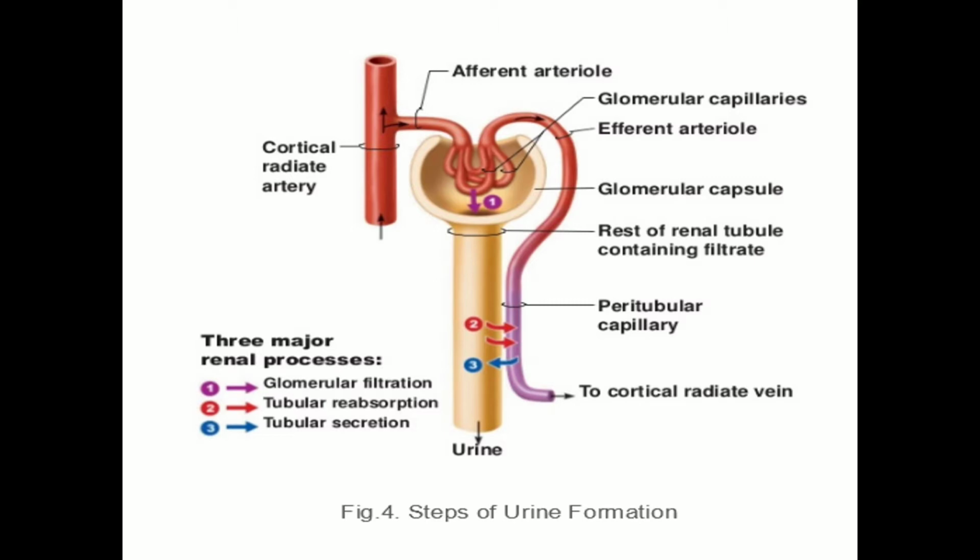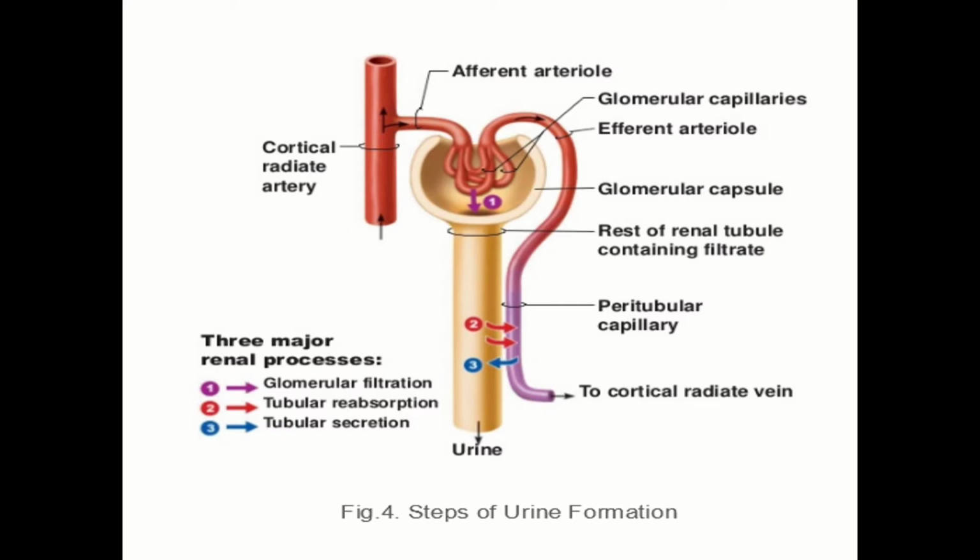From about 180 liters of filtrate formed per day, only about 1.5 liters of urine is released in a day. Thus, 99% of the filtrate is reabsorbed by the renal tubules.